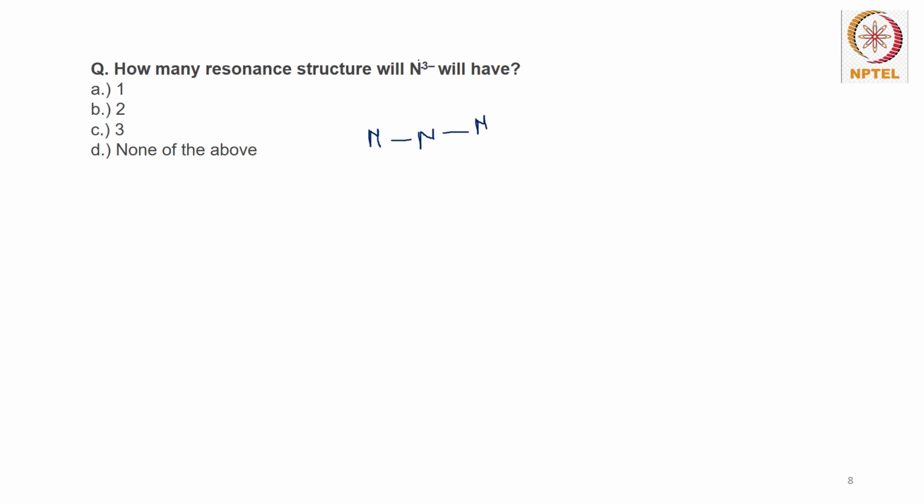There is a problem in this. It will not be like this, it will be like this. N3 minus. Instead of superscripting it, they have just written it as N.